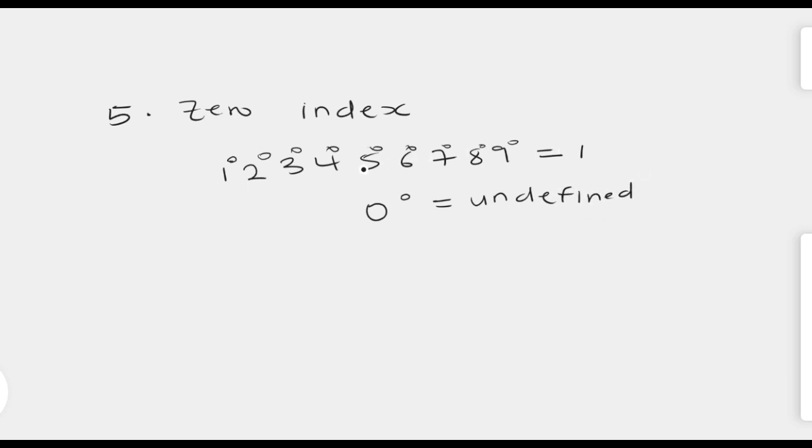So any number except 0 raised to the power 0 is 1. For example, if we raise 9 to the power 0, we will get 1. So we're moving on.